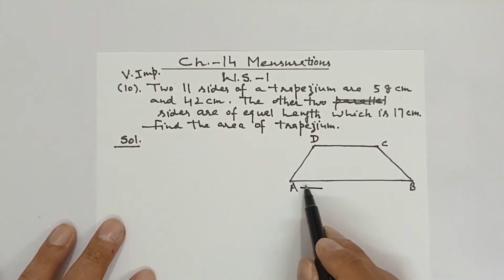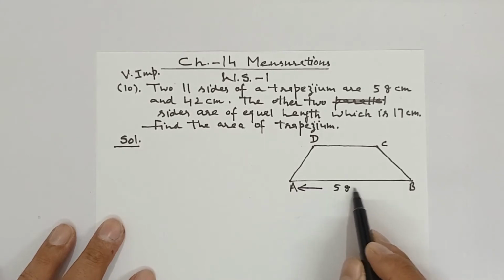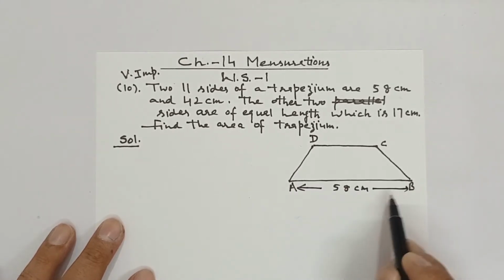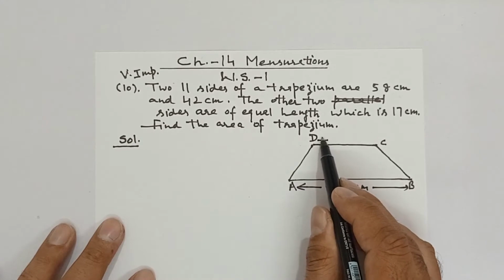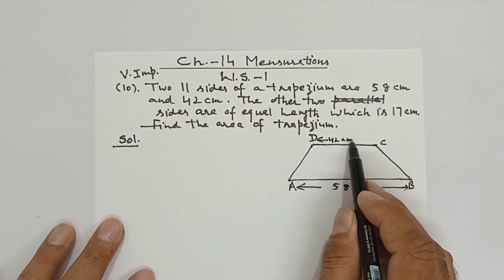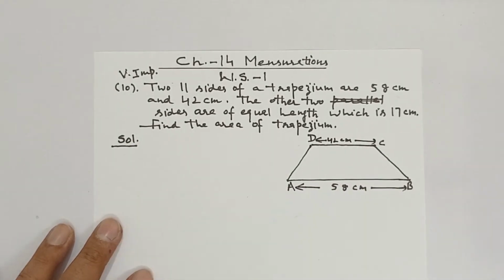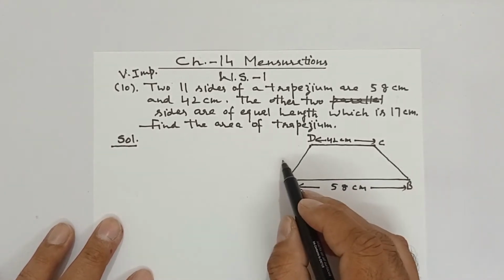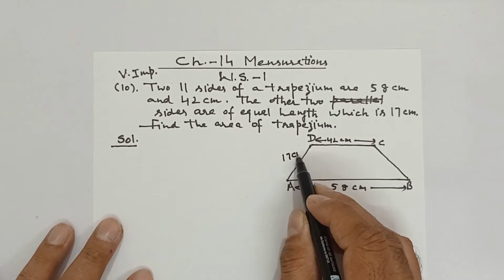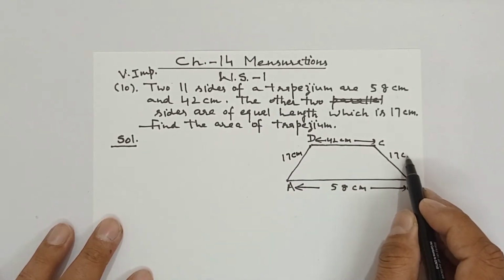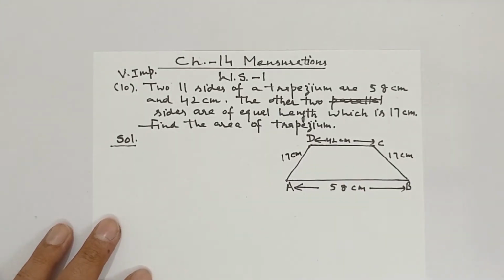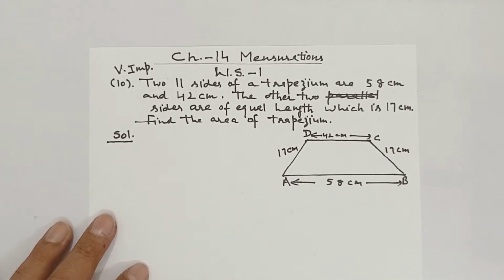This side is 58 centimeter and another side is 42 centimeter. The other two sides are of equal length, that is 17 centimeter. So this is also 17 and this is also 17. We need to find the area of the trapezium.